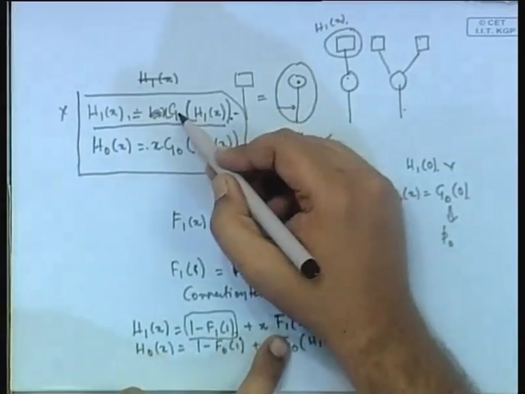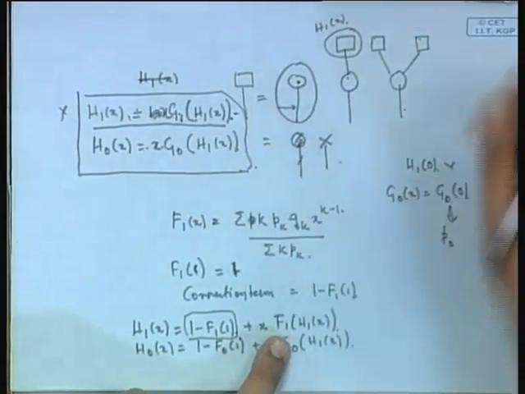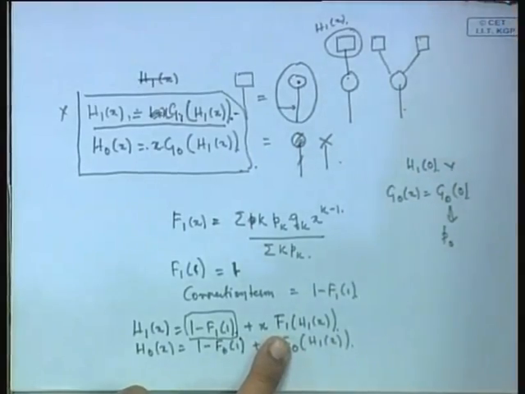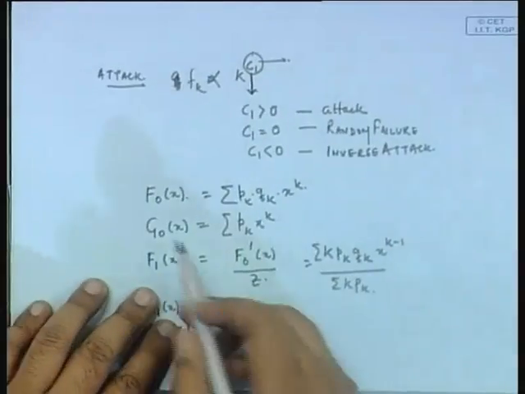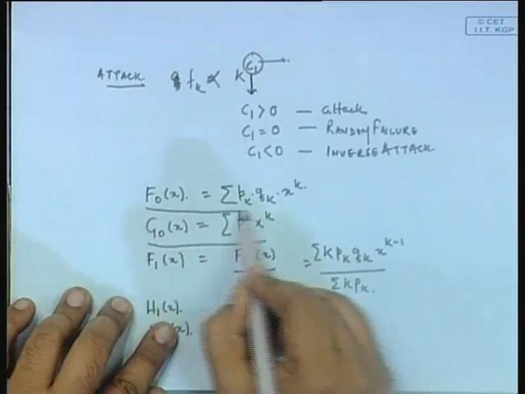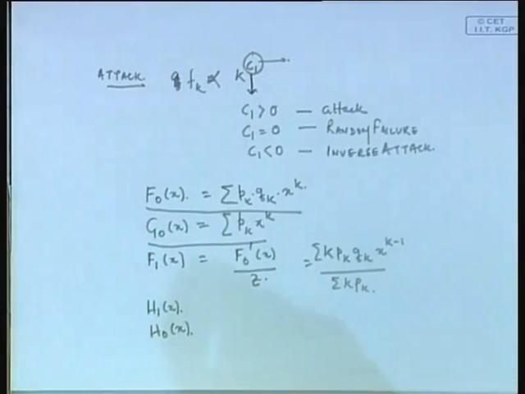Yeah, because G1 was, because I have changed from G to F, no. So, this was G0(x), but this is F0(x), means I am working with F0 now. So, I am just replacing G by F. Okay. Previously, I was working with G0 because no nodes were removed. I have now defined a generating function where nodes are removed. So, that is F0, and accordingly I am working upon it.